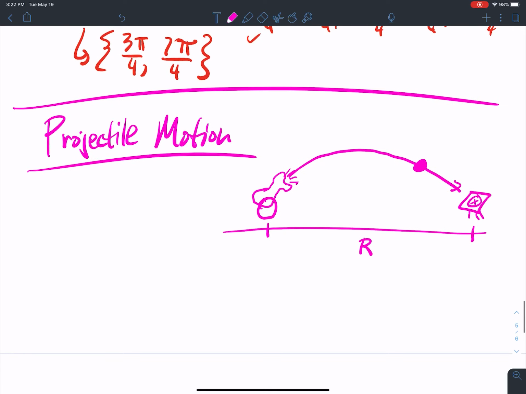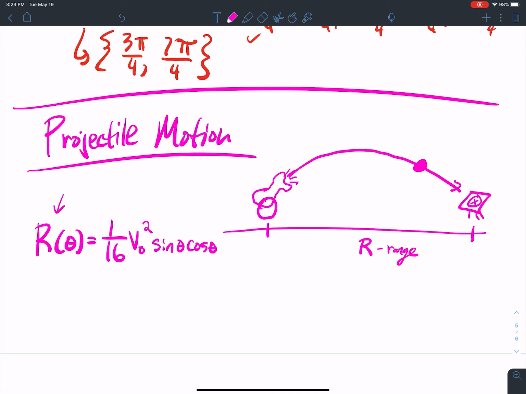Okay, so r of theta is equal to 1 over 16 v0 squared sine theta cosine theta. Okay, so if the air resistance is ignored, the range r, the horizontal distance that the object travels, is given by this right here.